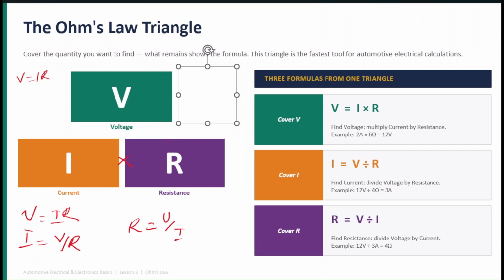Now let us learn some applications or some worked out examples. Ohm's law states that V is equal to IR. We have the magical triangle also, V, I, R. So consider a circuit with a load and ground.